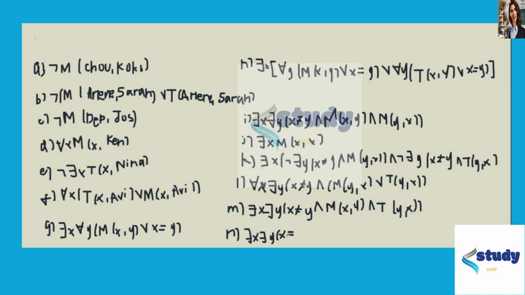So existential for both, x is not equal to y since they're different people, and the universal for z, z is equivalent to x or z is equivalent to y or M(x, z) or M(y, z) or T(x, z) or T(y, z).